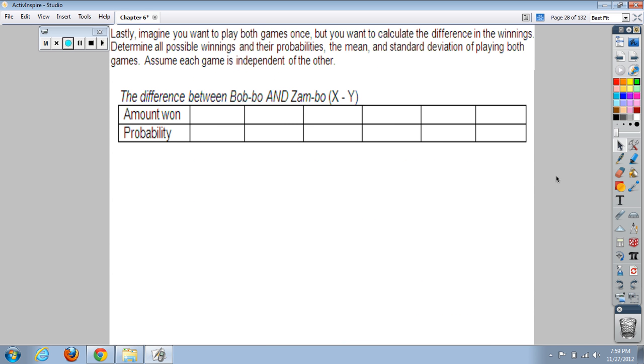Now, what if we wanted to talk about playing Bobo and playing Zambo, but subtracting and figuring out the difference between the winnings? Okay, and you might think, why would we want to subtract these two games here? We might see, is the difference between them, which one's better? Which one leads to a higher difference?